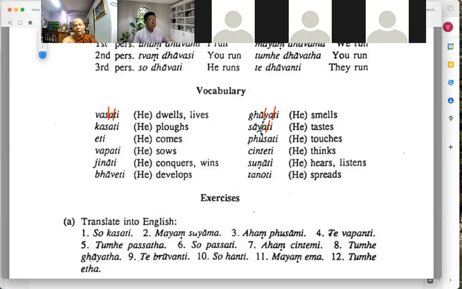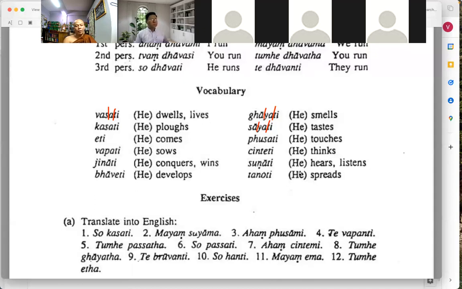Actually the sign is ya, like ga, and the root is sa, to taste. So gayati, sayati are sensitive verbs, related to the sense organ, the mouth.